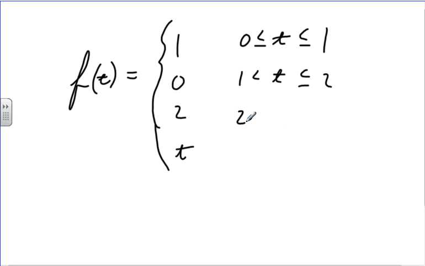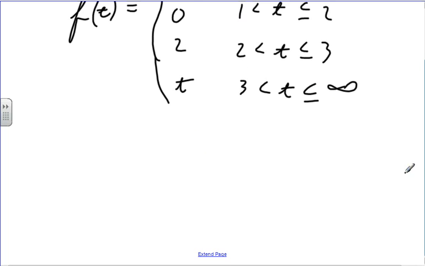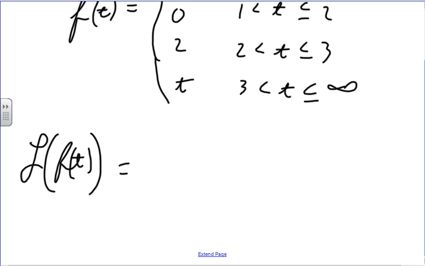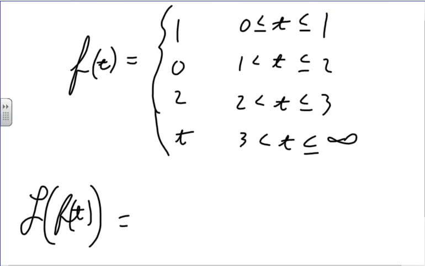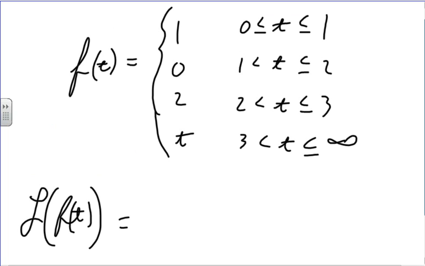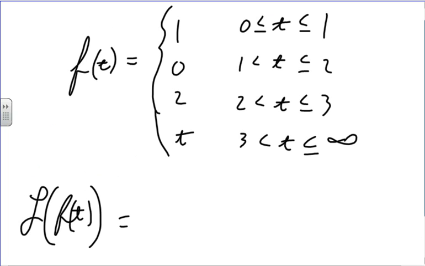It's equal to 2 from there to 3. And for t greater than 3 to infinity, it's t. And now I want to find the Laplace transform of f of t. Sounds like something I'd do on the test, right? Probably be weirder than that, but I might do something like that.